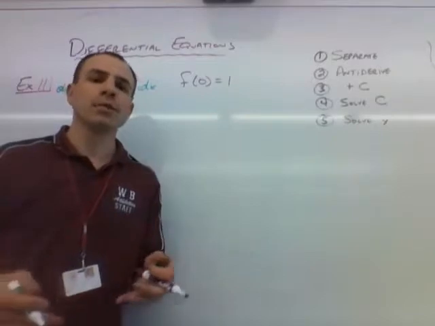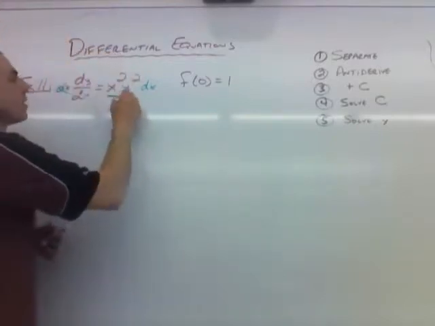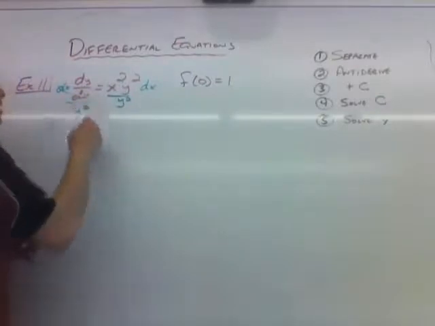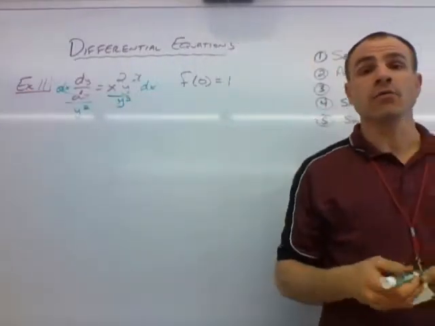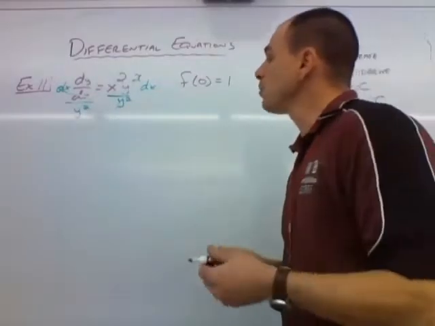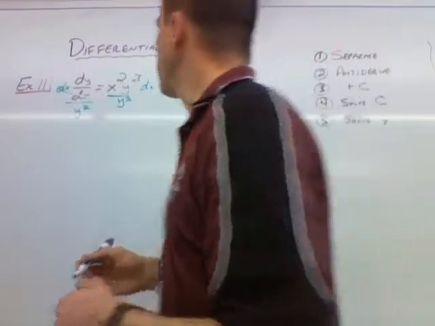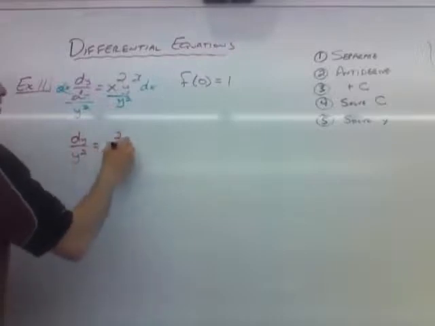The y term, well, we can see that this is x squared times y squared, so we're going to want to divide by y squared in order to get that y out of there on the right side. By making those algebraic operations, we have dy over y squared equals x squared dx.